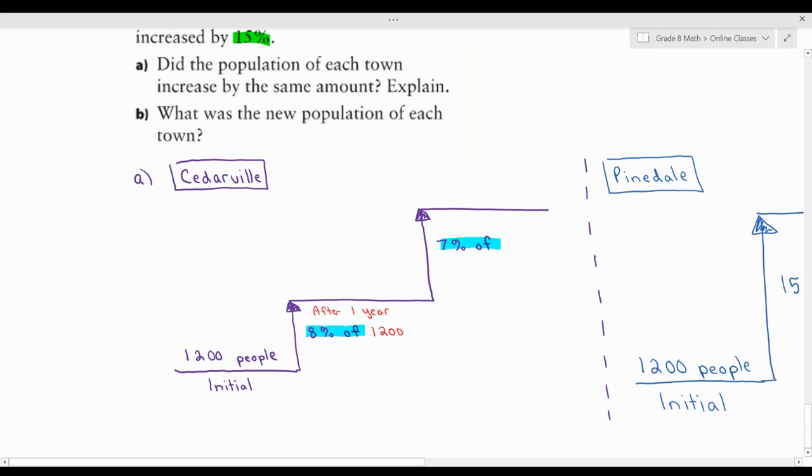But I will have 8% times 1,200. Okay, this is actually going to be equal to 96. So after year one, there were 1,200 people. Now it's grown by 96. So that new total for the population in Cedarville is 1,296 people. I'll just put PPL for people.